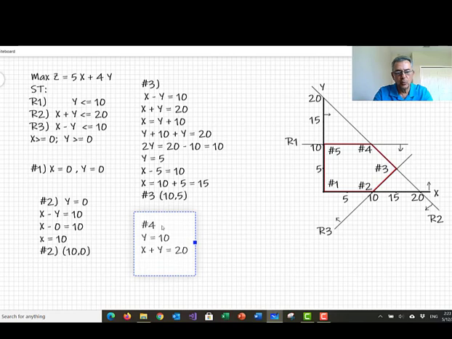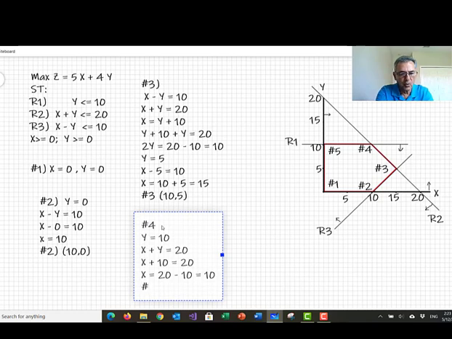So we substitute y equal to 10 into the second equation, so that will be x plus 10 is equal to 20, and we take 10 to the other side, and that will be x equal to 20 minus 10, which is equal to 10, and that's the value of x and that's the value of y. So our fourth extreme point will be 10 and 10.